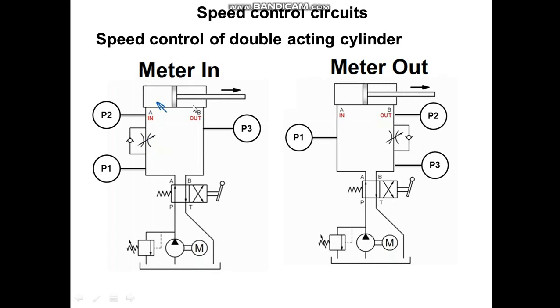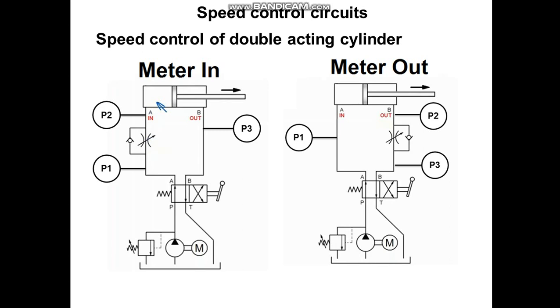Usually, as we know, the speed of extension and retraction depends on the liquid being supplied to the cylinder and the liquid being taken out from the cylinder. So the speed of a hydraulic system is determined by the amount of flow delivered to the cylinder or taken out from it.